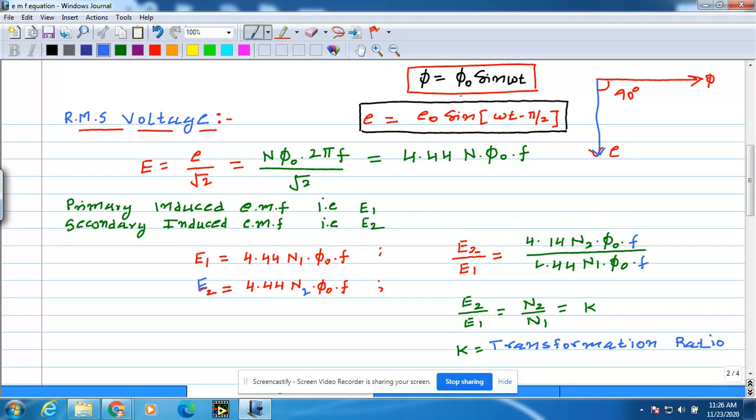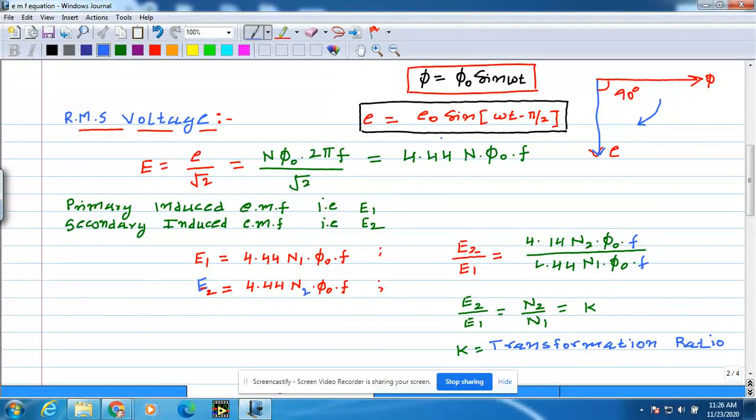With the help of these two equations, the induced voltage lags by an angle of 90 degrees. The flux is the reference, because we know it is phi naught sine of omega t, and the induced voltage is lagging by 90 degrees.